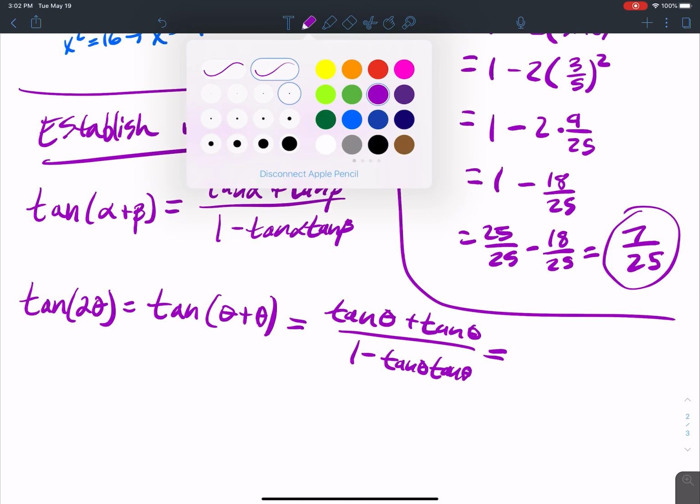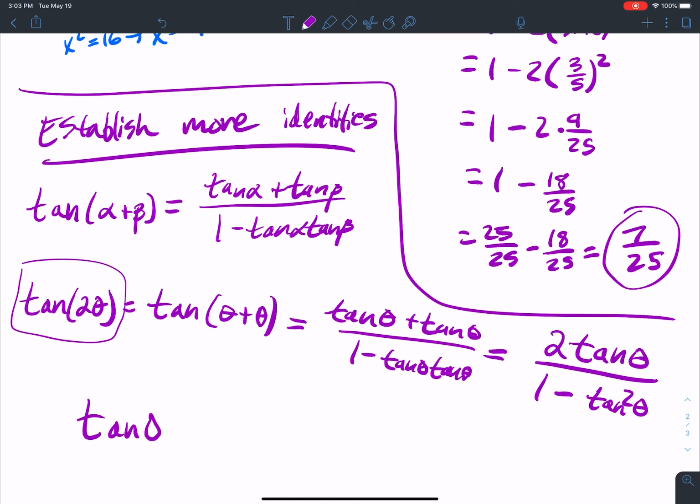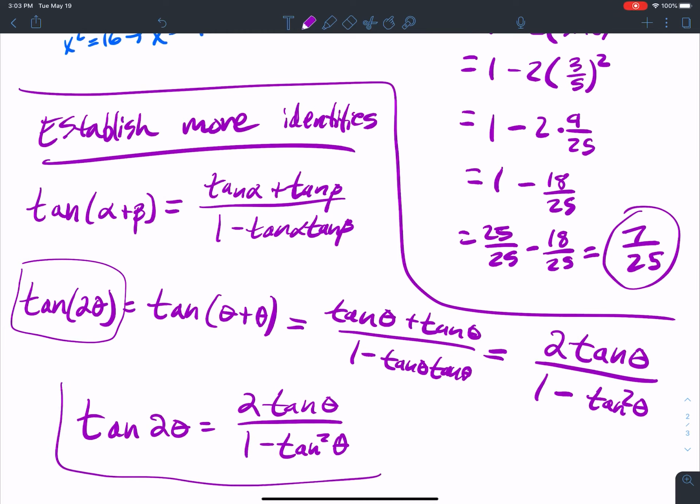So this is equal to 2 tangent theta over 1 minus tangent squared theta. Okay, so that is the double angle for tangent. Tangent 2 theta equals 2 tan theta over 1 minus tangent squared theta.